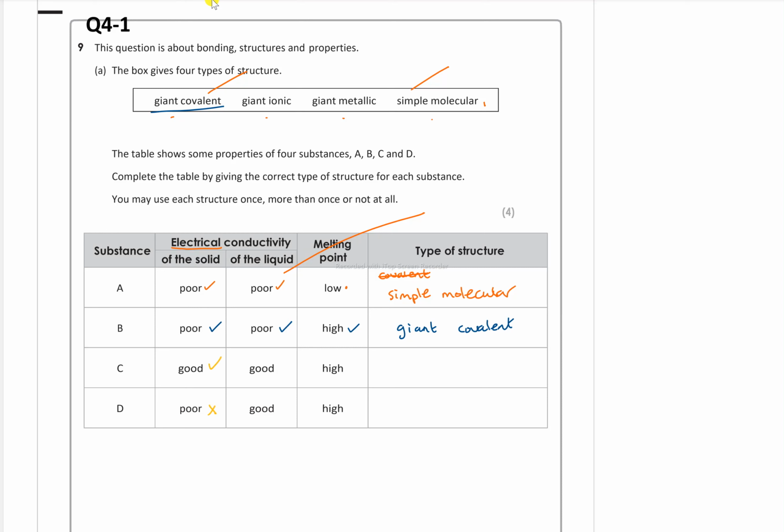That's poor when it's solid, so it's going to be this. It's good when it's solid, and when it's molten or liquid, and it's got a high melting point. So we'll have to put giant metallic. And finally, that will be giant ionic.